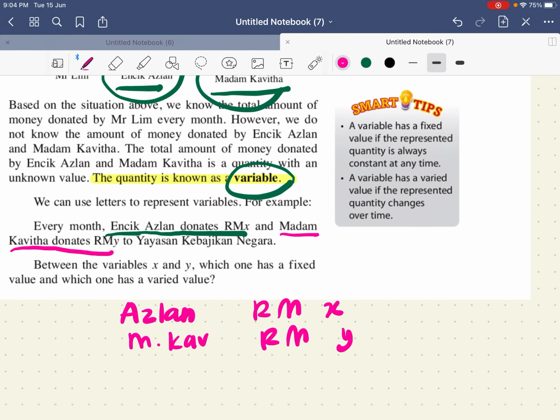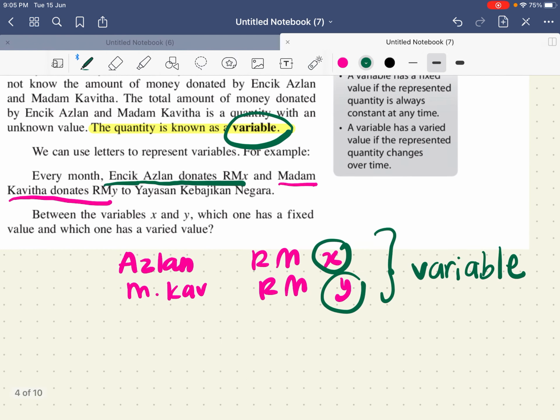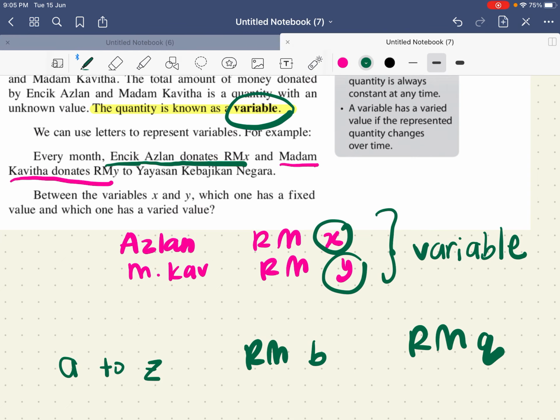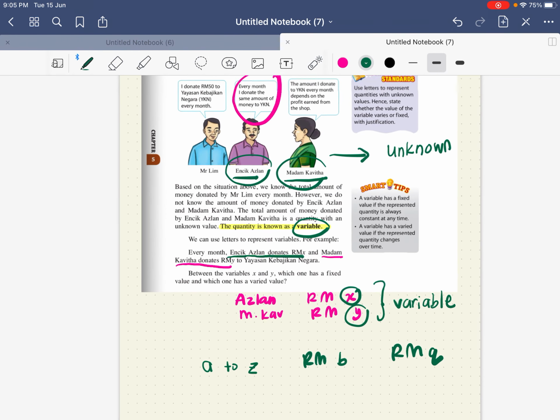So we call these things x and y variables. You can use any letter that you like. If you don't like x or y, you can use RMb, RMq, any letter that you like from A to Z. Okay, this is the concept of variable.